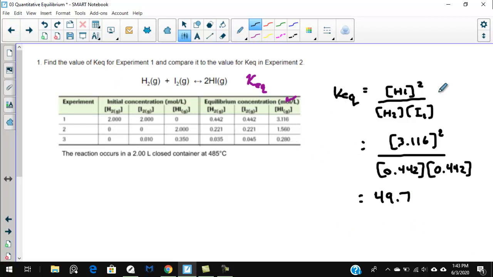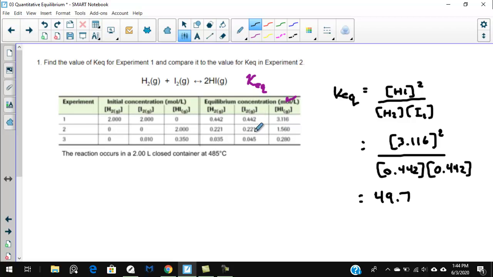When the ratio of the products to the reactants is equal to 49.7, we know that our system is at equilibrium. And it also gives us a little bit more information. You'll notice a big KEQ value, 49.7 could be considered very large. You'll see that most of our chemicals are existing as products. There's less chemicals as reactants and more chemicals as products.